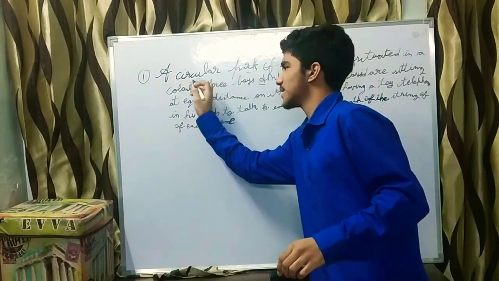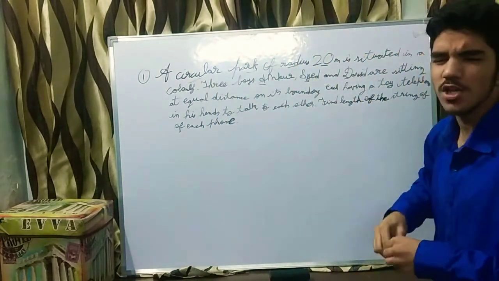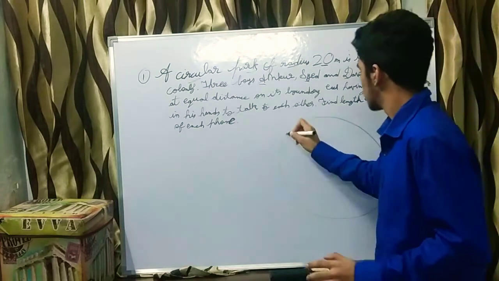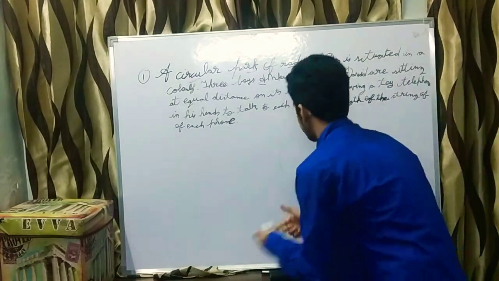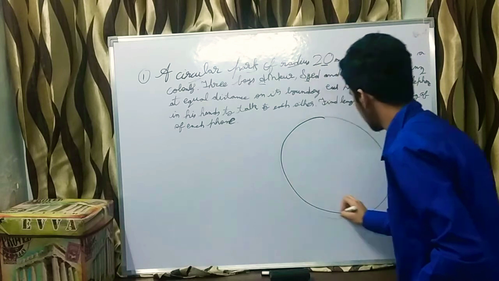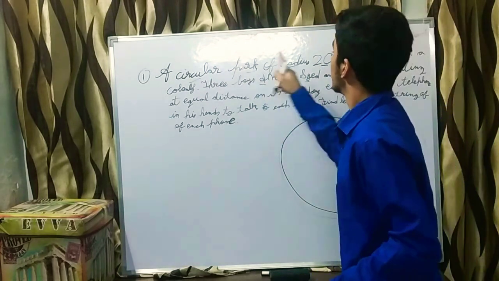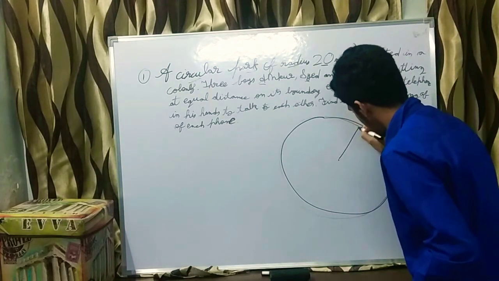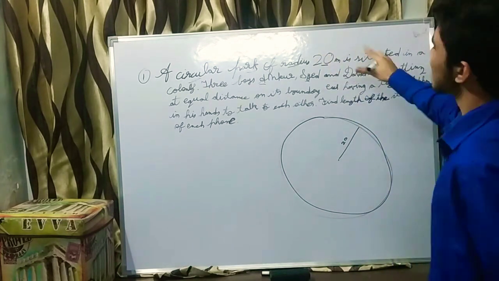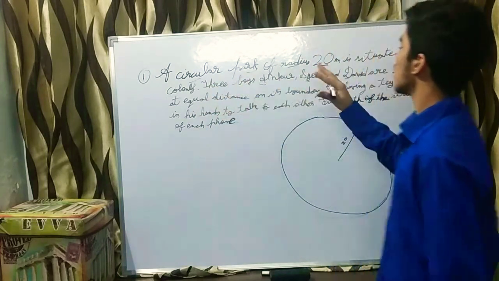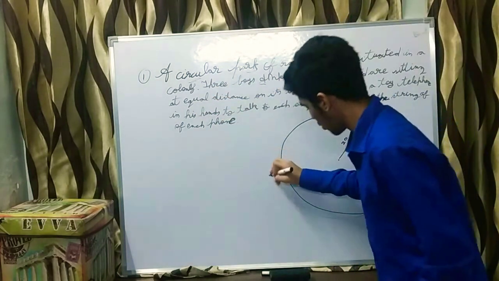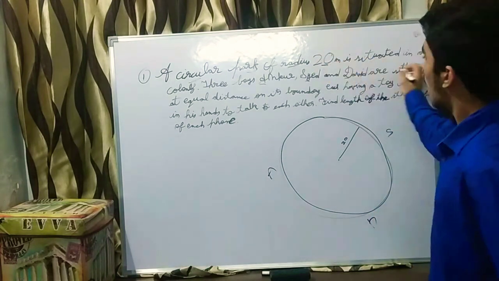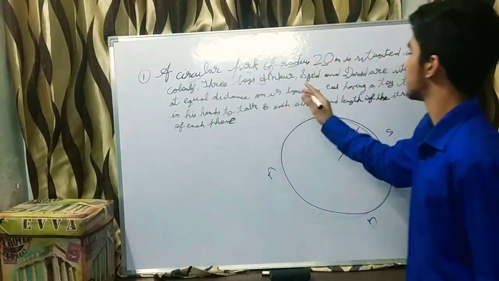This question says that there is a circular path. So let us first draw the circular path. This is your circular path and its radius is 20 meters. It is situated in a colony. Three boys, Ankur, Sayyed and David, are sitting at equal distances on its boundary.